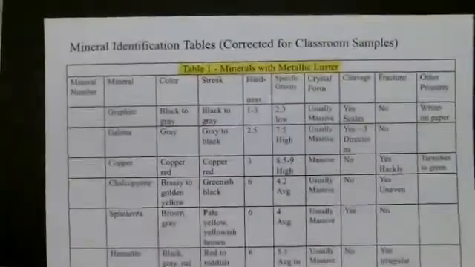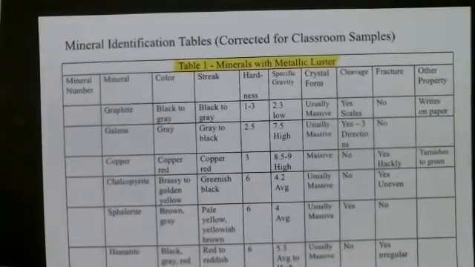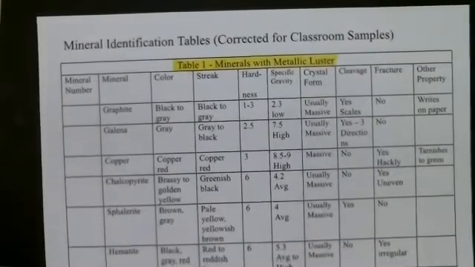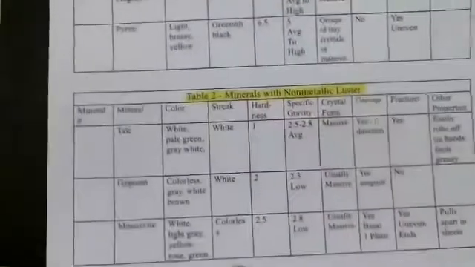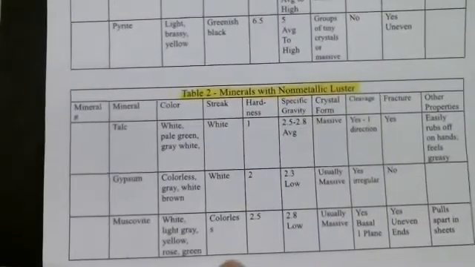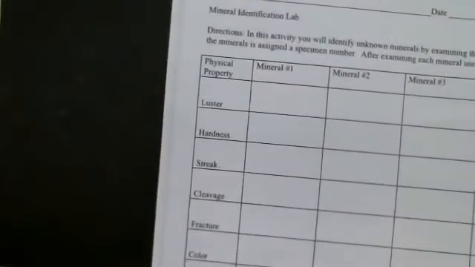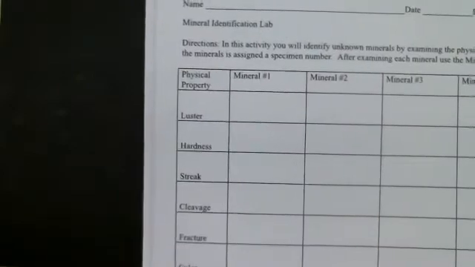This is what it looks like. So you have two tables, table 1, which are minerals with metallic luster, and table 2, which are minerals with non-metallic luster.